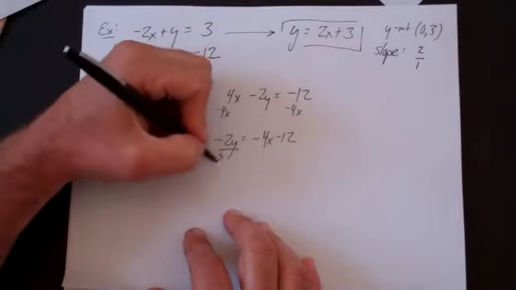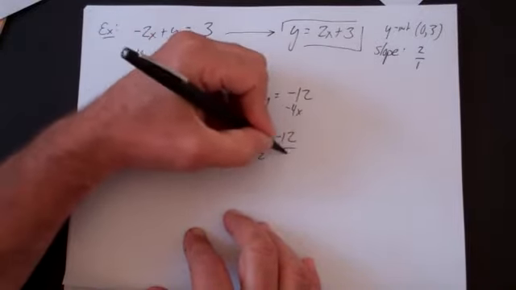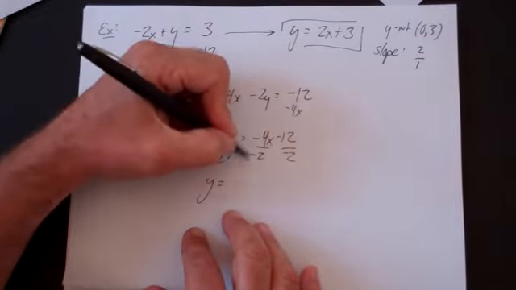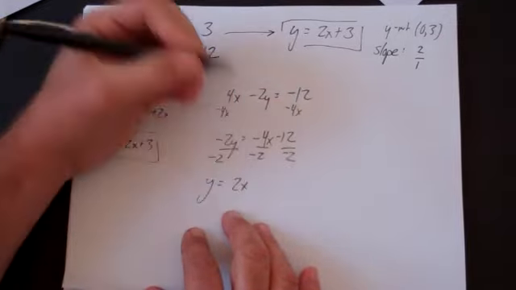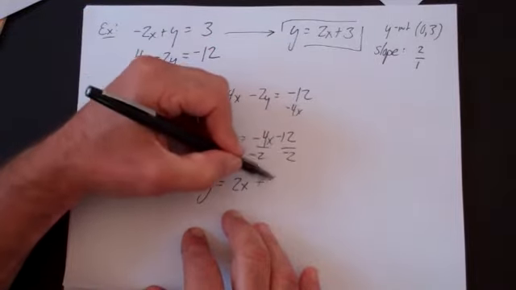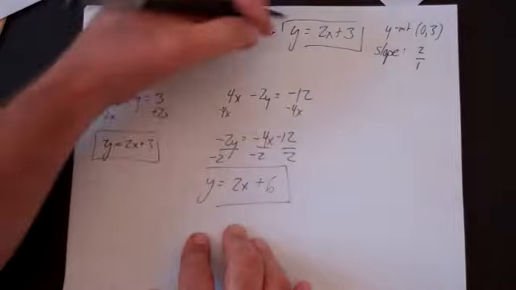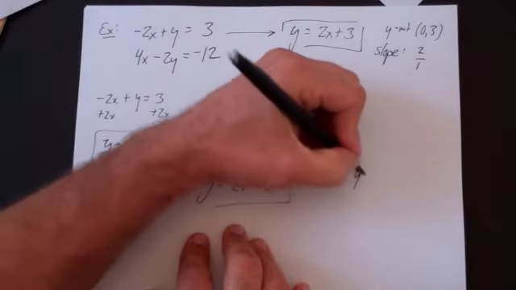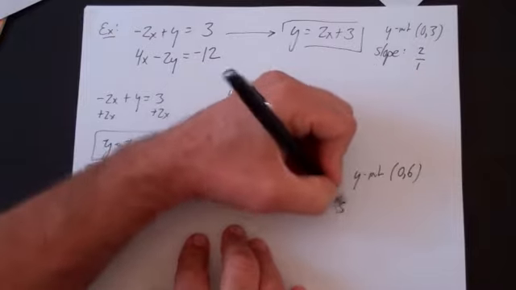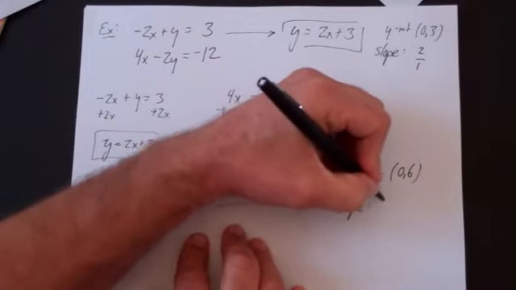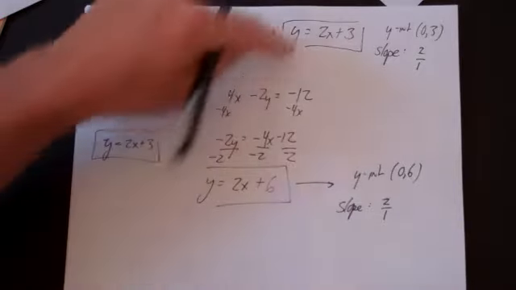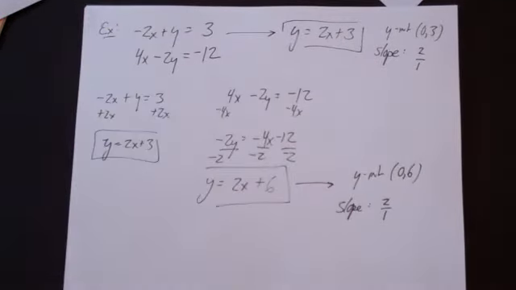And then I'm going to divide by a negative 2, and I get y is equal to a positive 2x, since a negative divided by a negative is a positive, and then positive 6. So in this one, the y-intercept is (0, 6), and the slope is 2 over 1. Now if you notice, these two lines have the same slopes, but they have different y-intercepts.